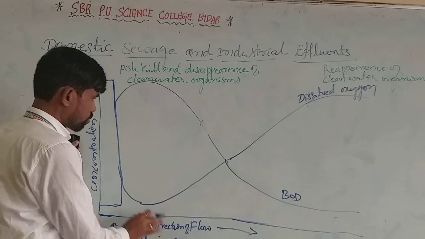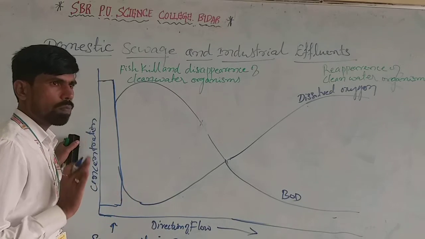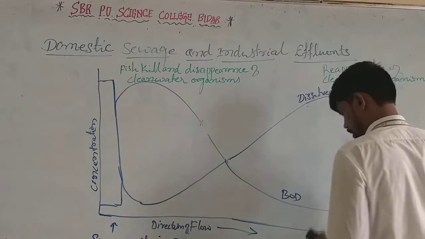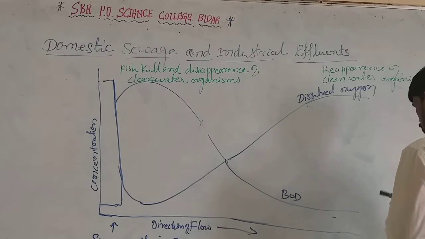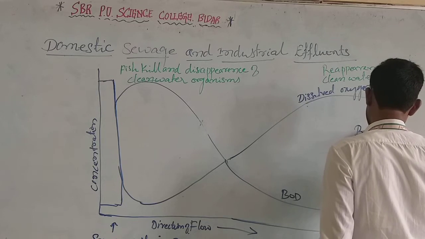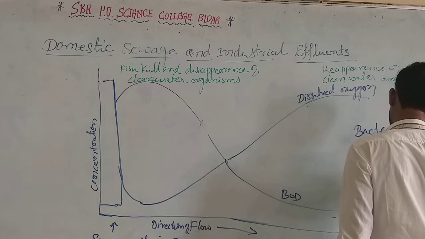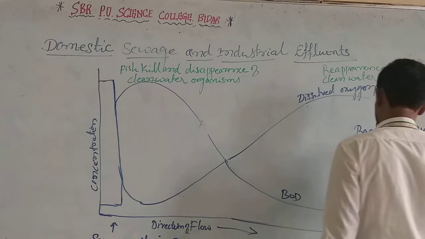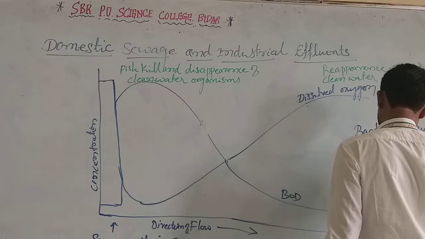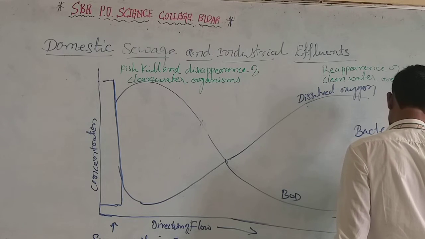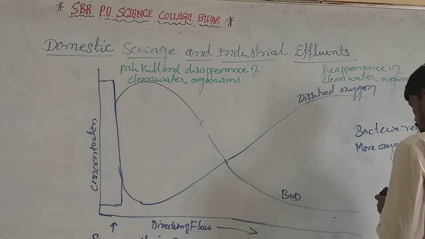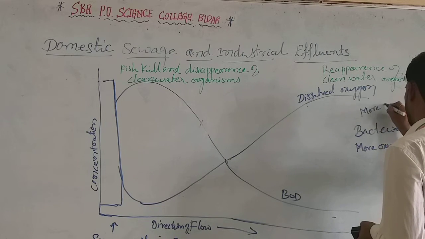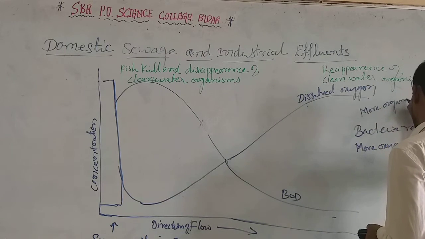What does it need for decomposition? Organic matter decomposition requires more oxygen. So bacteria require more oxygen for more organic matter.